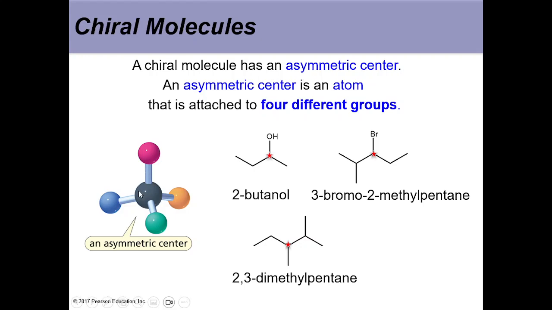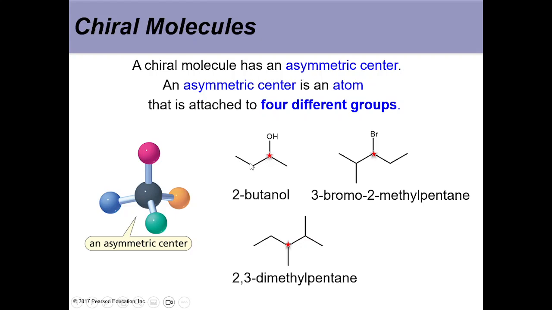So when we have a carbon in the center, or any atom, but most of the time it's going to be carbon, with 4 substituents on it, as long as these 4 substituents are completely different, then this carbon is going to be a chiral center, or so-called asymmetric center. Now, sometimes it's pretty easy to see in any molecule with the line structures whether a carbon is a chiral center or not. For example, in 2-butanol, this is a chiral center.